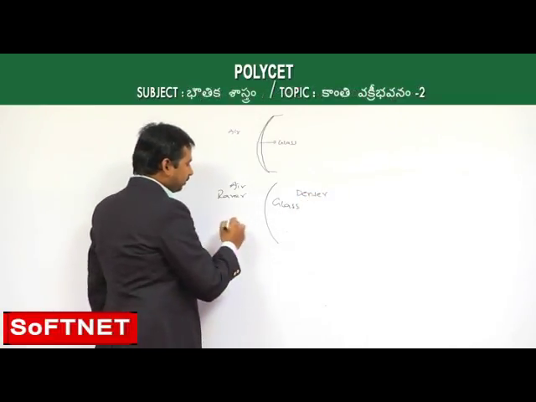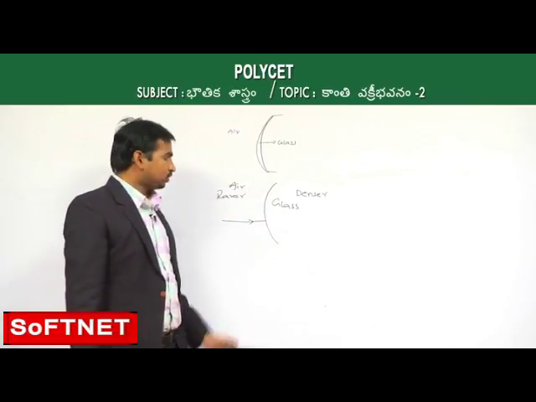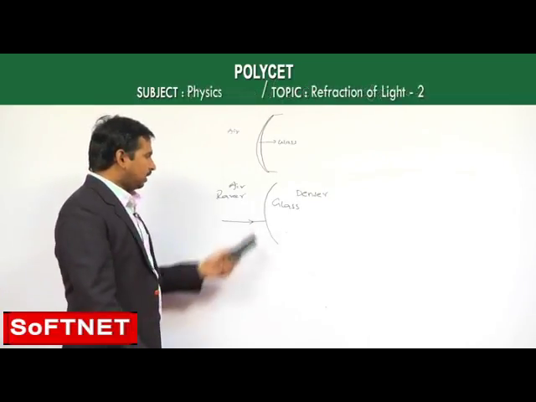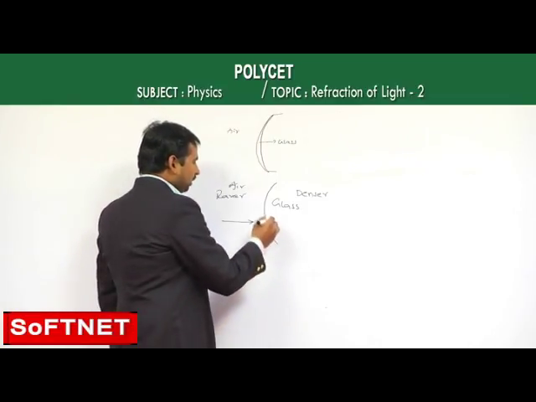Whenever a light ray is incident on the surface, let us suppose a parallel, straight line ray is coming incident on the surface here. Depending on the curved surface, here we have a normal like this.